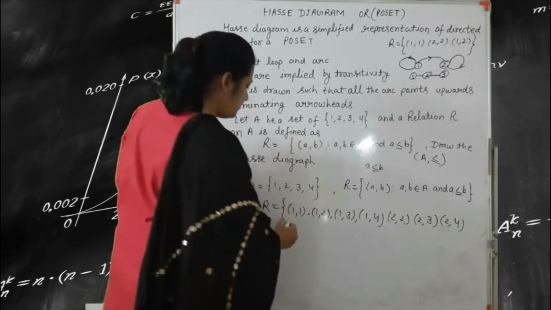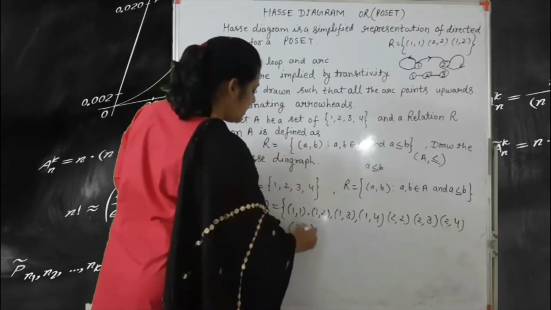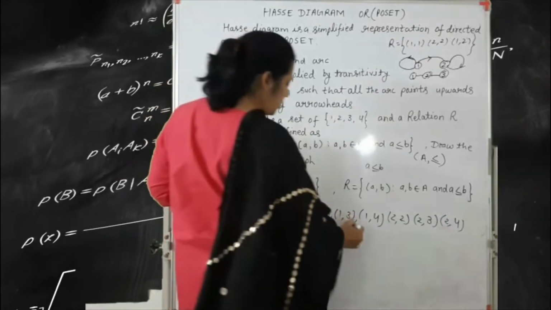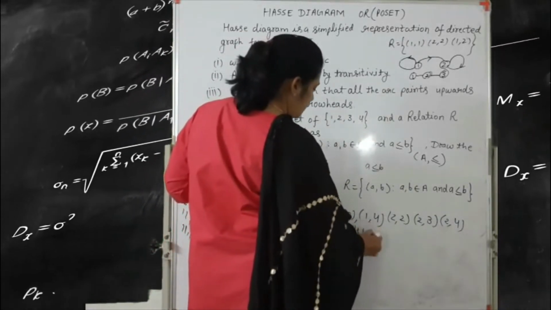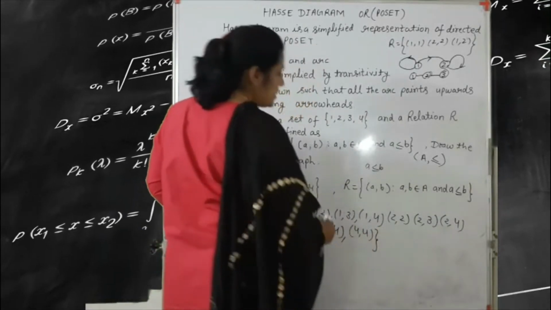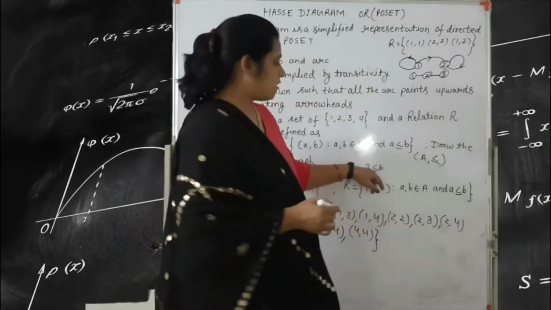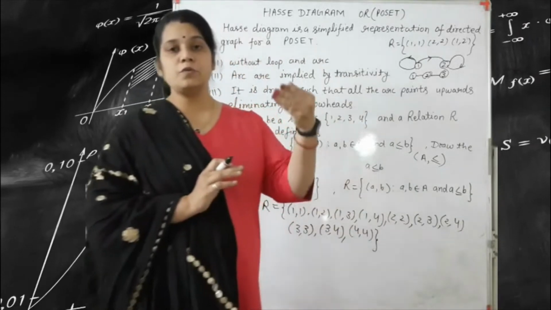Next is (2,2), (2,3) and (2,4). Next are (3,3) and (3,4). And last is (4,4). So this is the relation according to the condition a less than or equal to b.